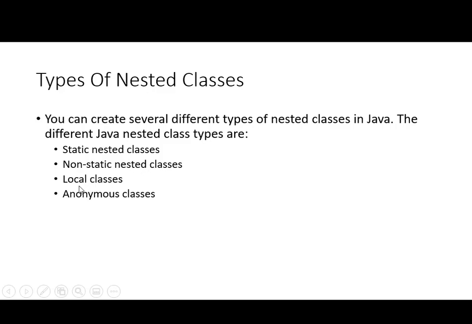Then the third type is known as a local class. By the name local, you can identify that it will be a part of a method, because you know that when you define local variables, those variables are defined within a method. In the same way, when you define a local class, it will be a part of a method, and that particular method will be a part of another class.